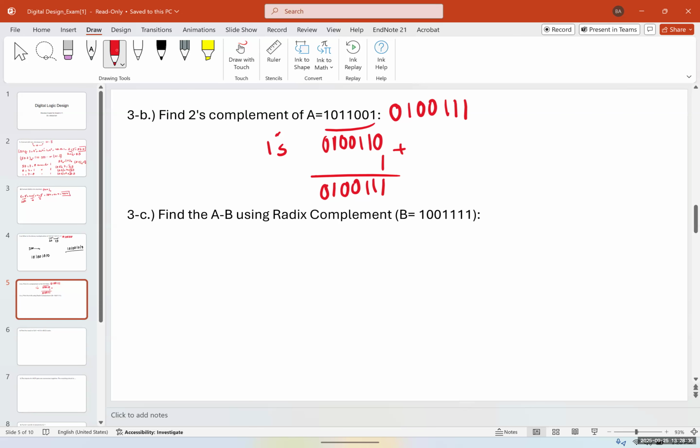And for your own practice, find also B minus A. It's going to help you. At home, you can do that as well.